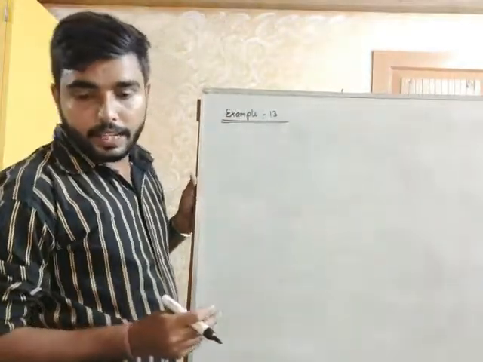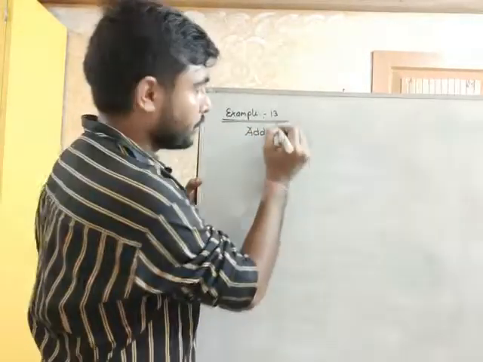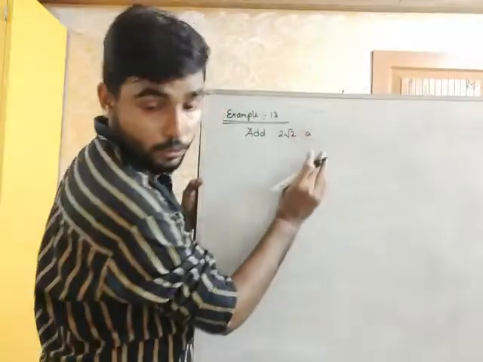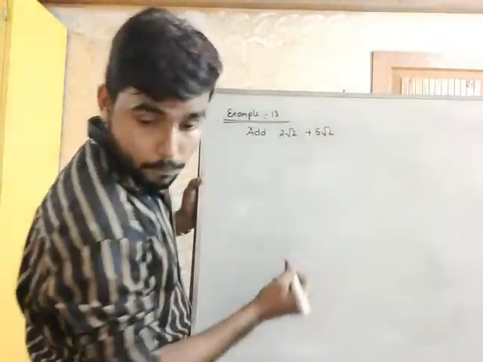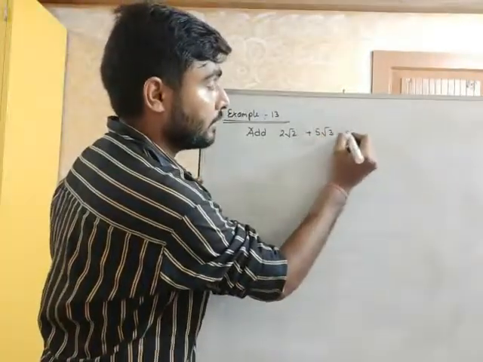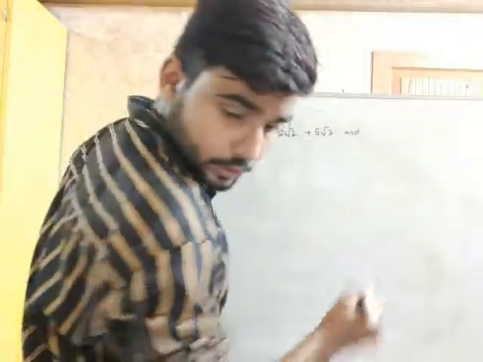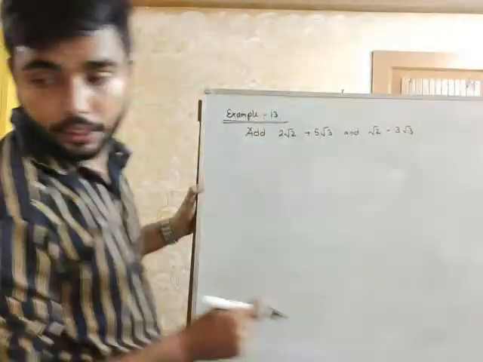So here it is said that add 2 root 2 plus 5 root 3 and root 2 minus 3 root 3.